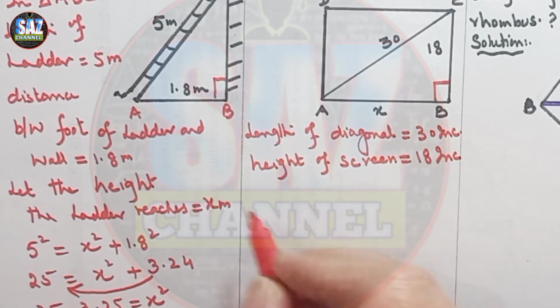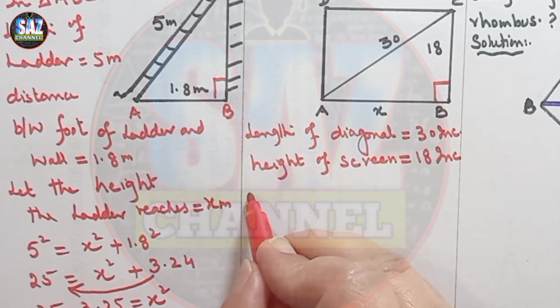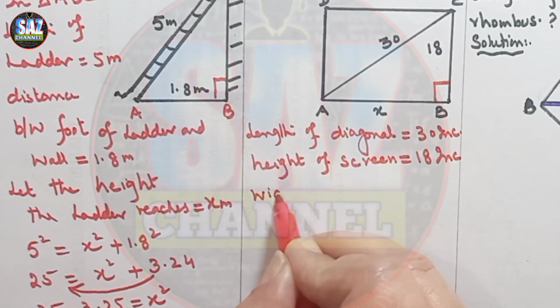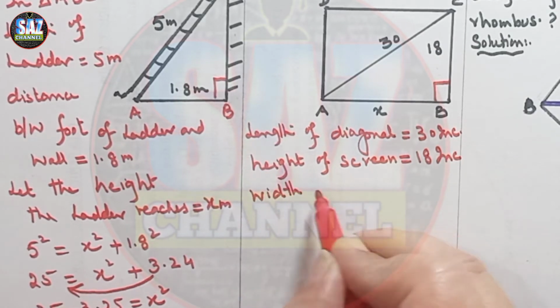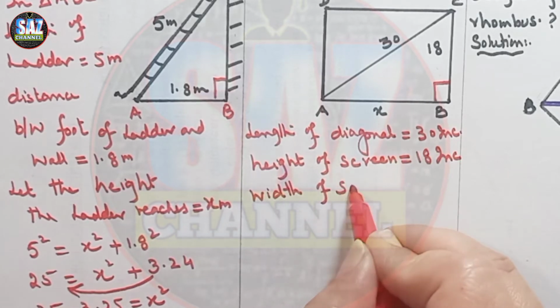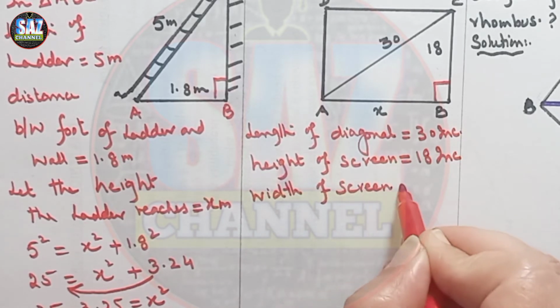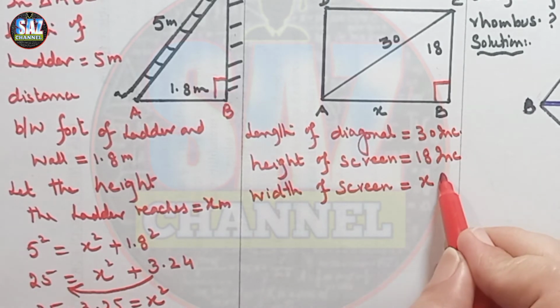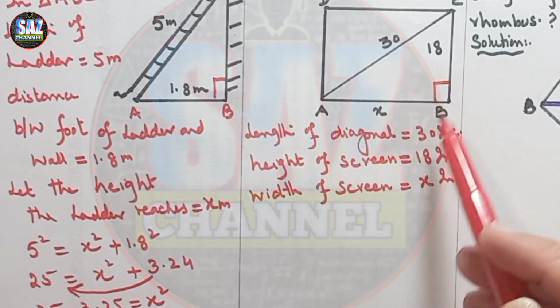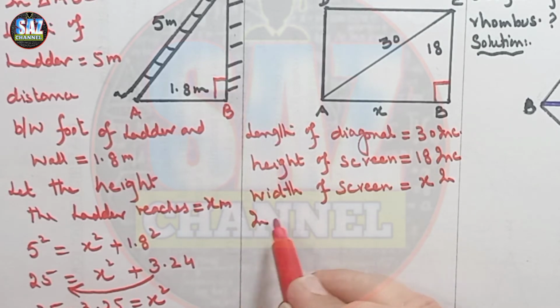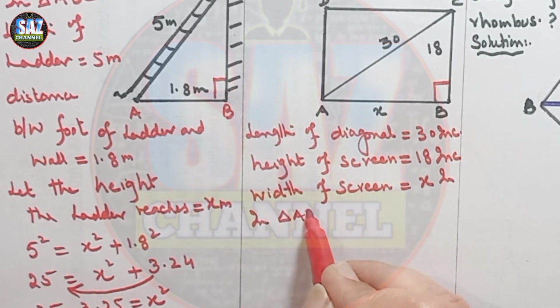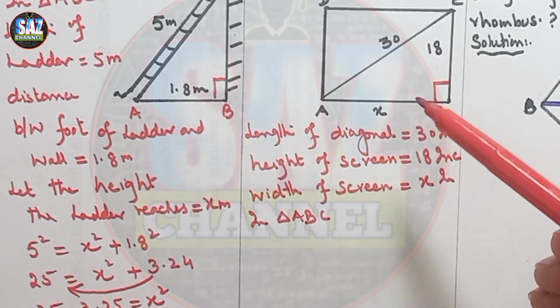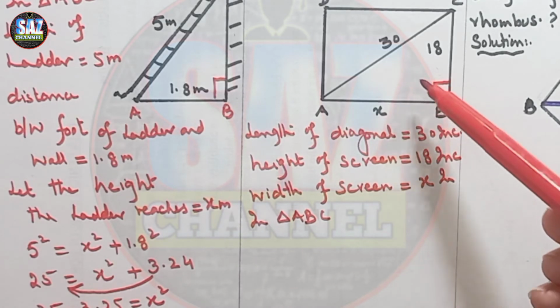And what is the requirement of the question? The requirement is the width of the screen. So we assume that the width of the screen is x inches. Now in triangle ABC, what we can do is first write the Pythagorean equation.